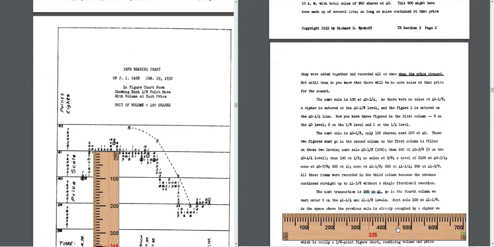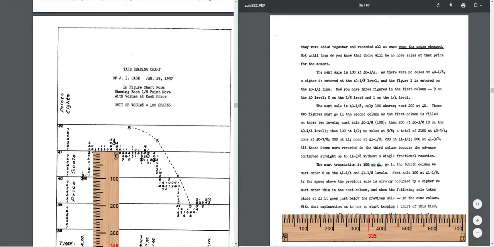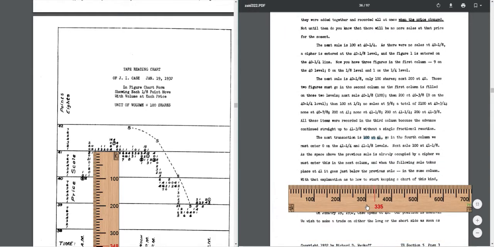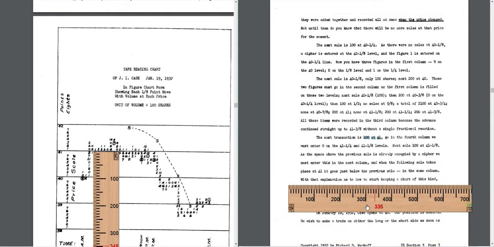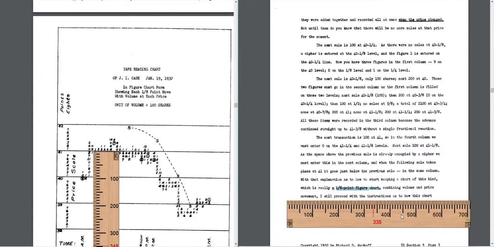Next sale at 100. Okay, so it just keeps on going and going and going. All right, because I think he's just trying to show just entering prices. So this chart, what is it? It's really a 1/8 figure chart, combining volume and price movement.